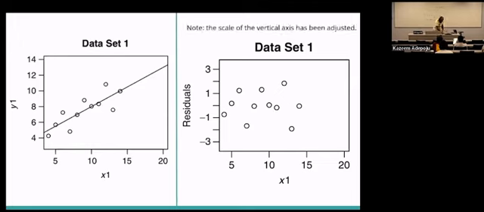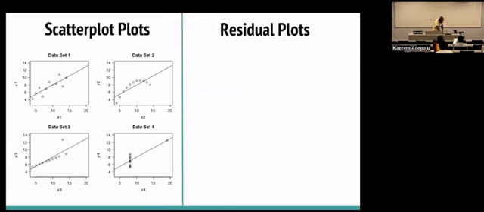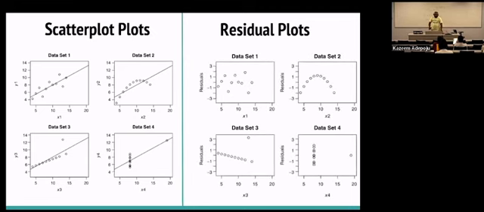Now, the next thing I want to talk about: the other time I showed you different kinds of plots. If you are using 4 different data sets and you have the scatter plots for data set 1, 2, up to 4, we now want to see how the residual plots will look.